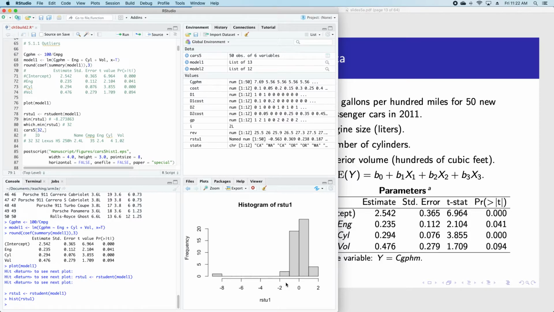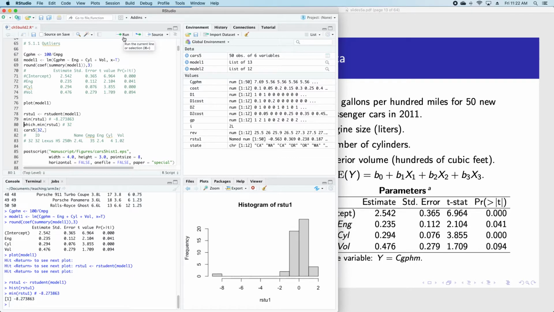Most of them are between plus and minus 2, except this one, which is really extreme. Our designation for an outlier was anything outside plus or minus 3. This is less than minus 8. It's very definitely an outlier. This point has a studentized residual of minus 8.3.